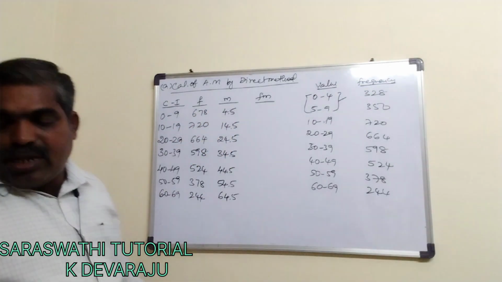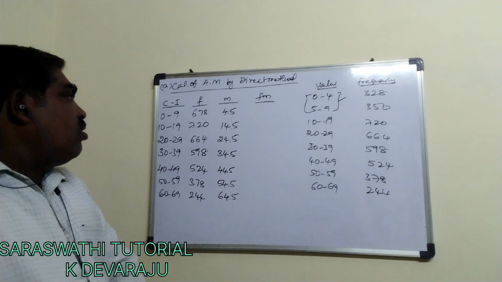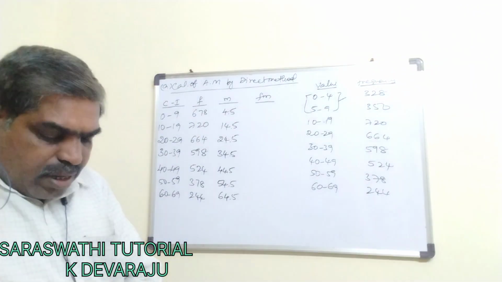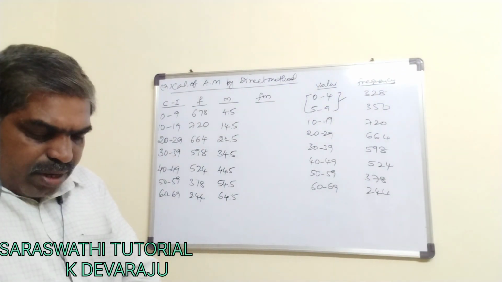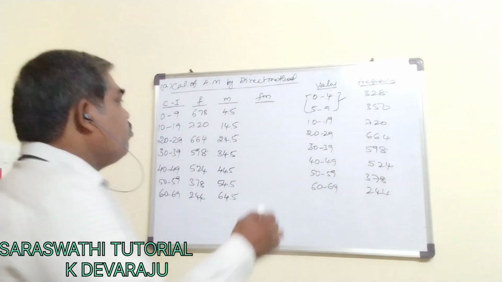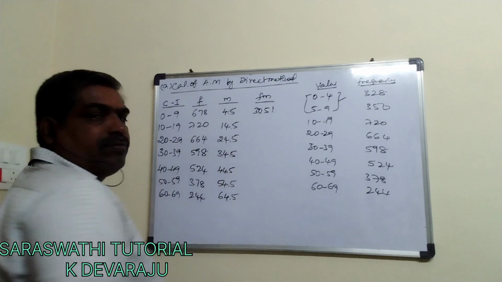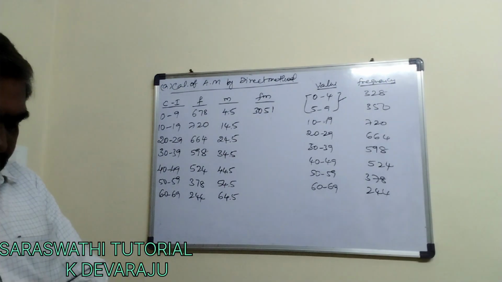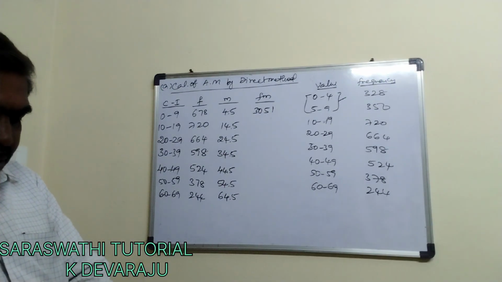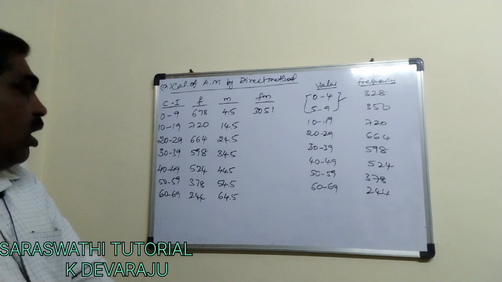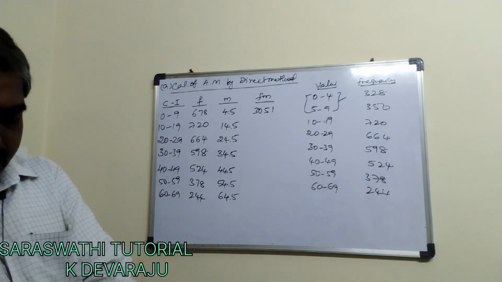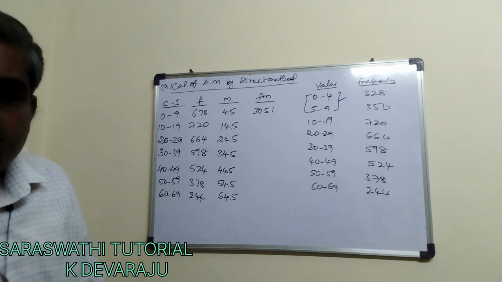First one, 678 into 4.5, that value is 3051. Next, 720 into 14.5 is 10,440.